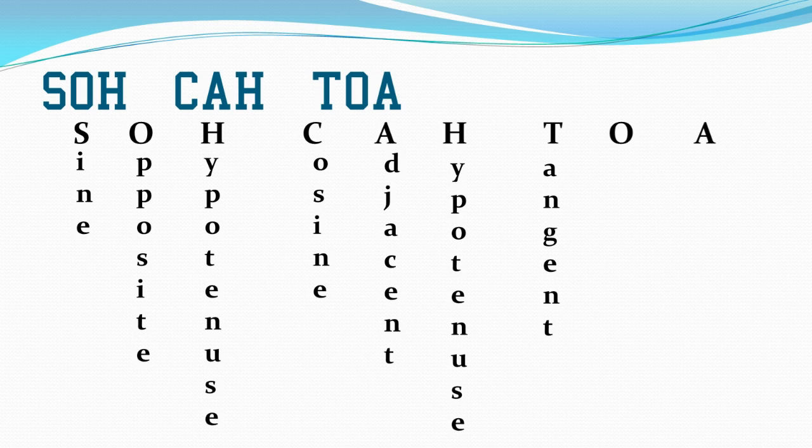And tangent represents the ratio of the opposite side divided by the adjacent side. Remember, the opposite side is the side that the angle is not touching at all. The adjacent side is the side that the angle is touching that's not the hypotenuse. And the hypotenuse is always the longest side, the side that is directly across from the 90-degree angle in our right triangle.